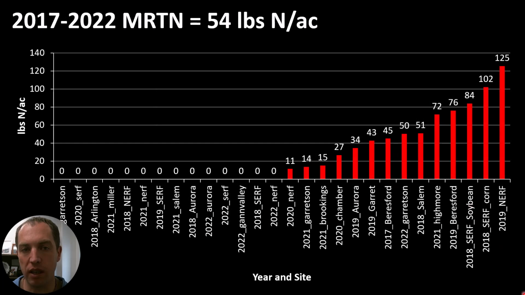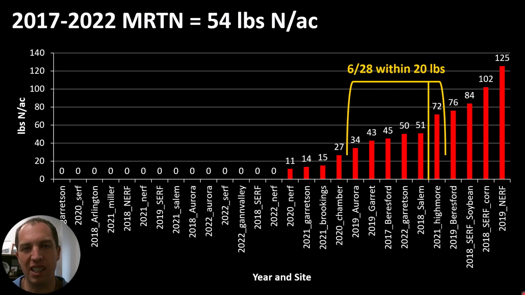So if we look at the amount of nitrogen needed to optimize yield in all these fields, we see quite a range, anywhere from a bunch of zeros all the way up to 125 pounds of N. Now, if we look at that 54 pounds of N that this system is recommending and go plus or minus 20 pounds of that, we're seeing about 6 of the 28 sites. We're over-fertilizing about 18 of them, and we're under-fertilizing 4.